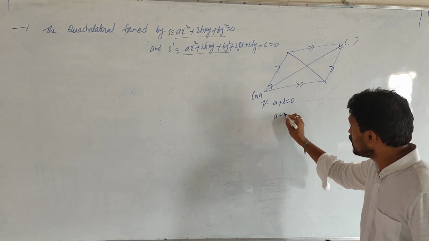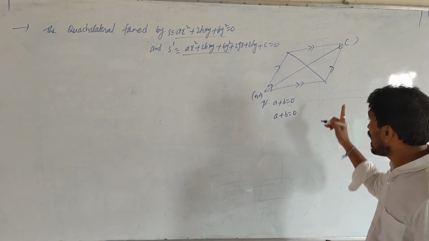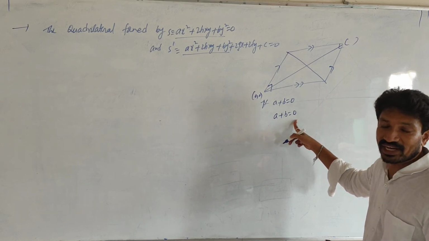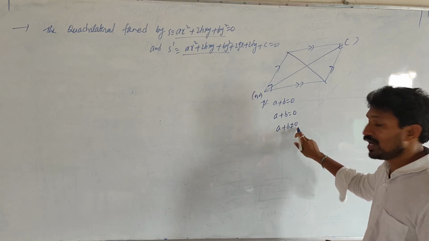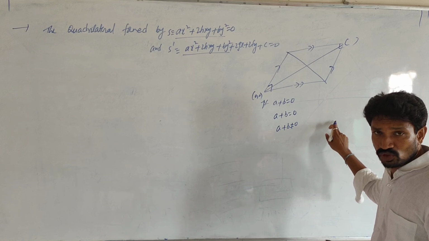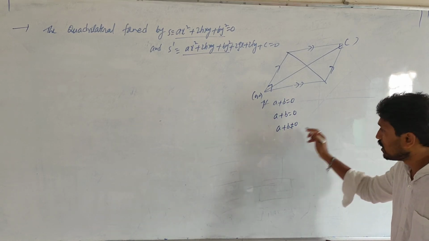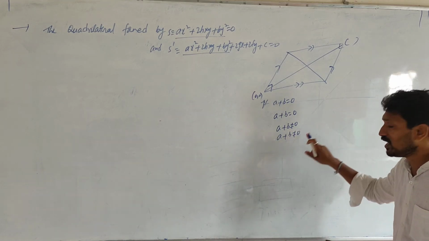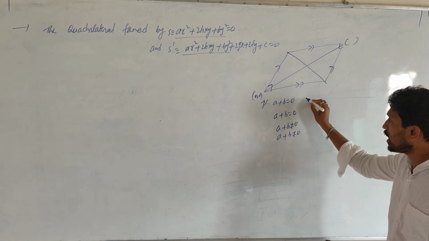If a plus b is equal to 0 and that condition is not satisfied, then it will be a rectangle. If a plus b is not equal to 0, it may be a parallelogram or rhombus. So when it comes to a rhombus, if the condition is satisfied, then it will be a rhombus. If a plus b is not equal to 0 and that condition is not satisfied, then it will be only a parallelogram. So now I am going to find that condition.